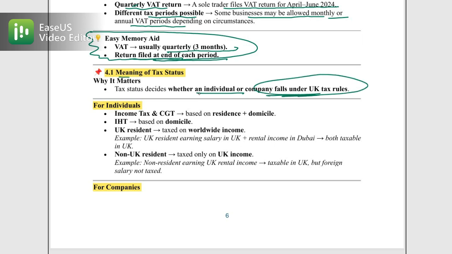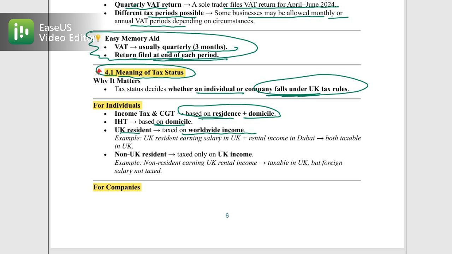Now, for individuals, income tax and CGT are based on residence, plus domicile. We have discussed this earlier. Income tax and CGT are based on residence, and IHT is based on domicile. A UK resident is taxed on worldwide income.